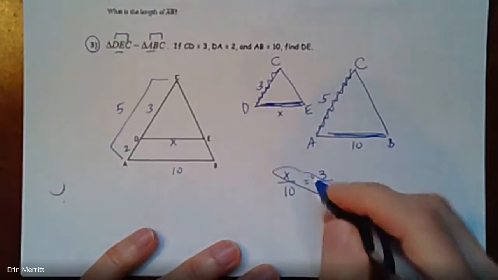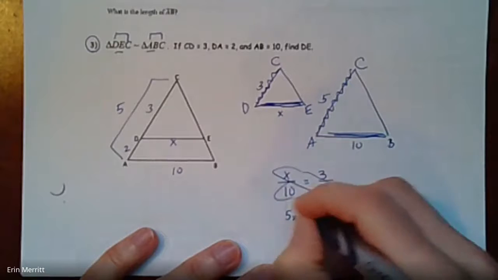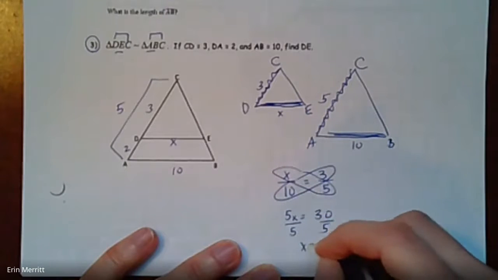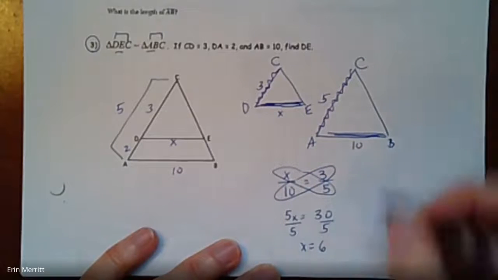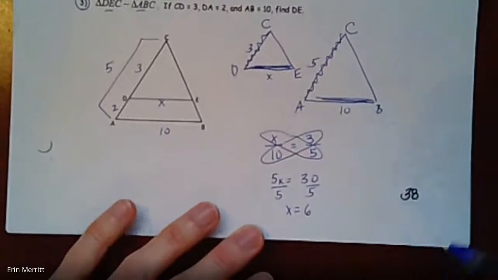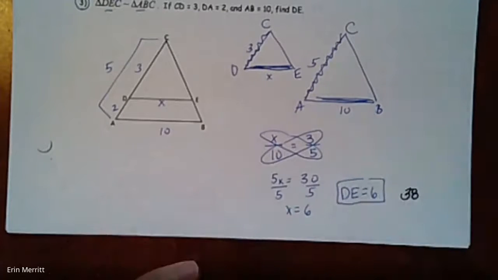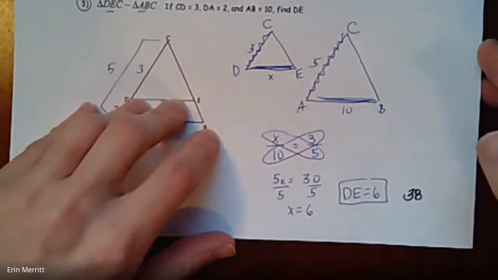All right, when we cross multiply, we get 5x equals 30. Divide by 5, x comes out to be 6. And since I let DE equal x, that means DE equals 6 and done. All right, we're going to move on over.